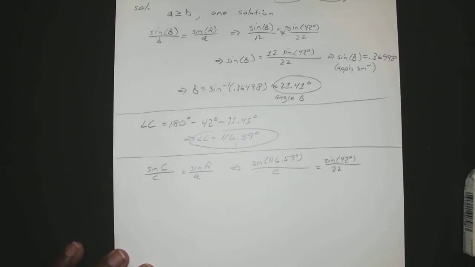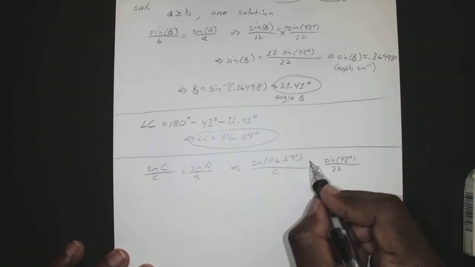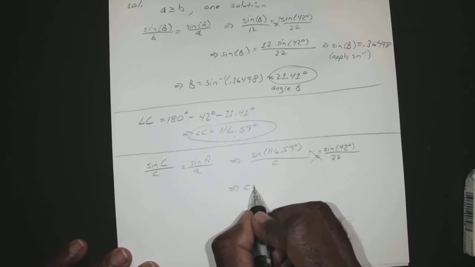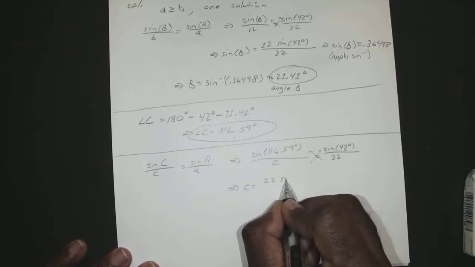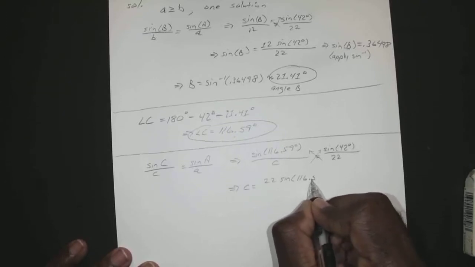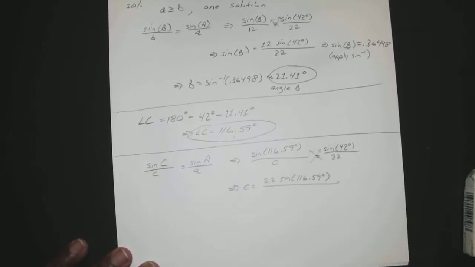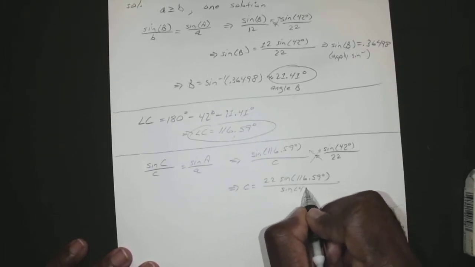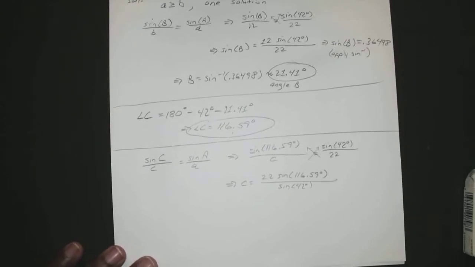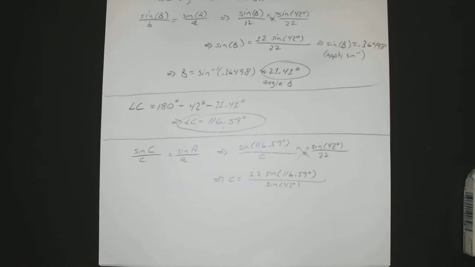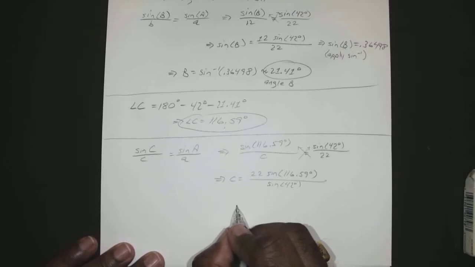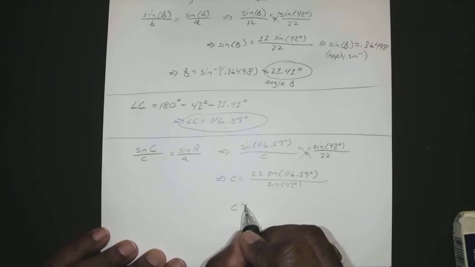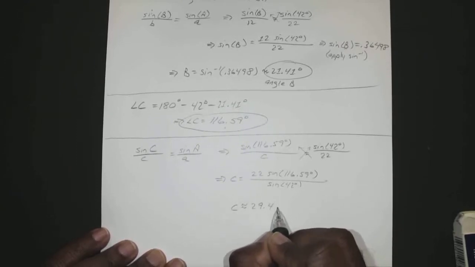And then we just cross multiply. So C is equal to 22 times sine of 116.59 degrees divided by sine of 42 degrees. Once you plug all that into your calculator, C equals, well, it'll be rounded, 29.4.